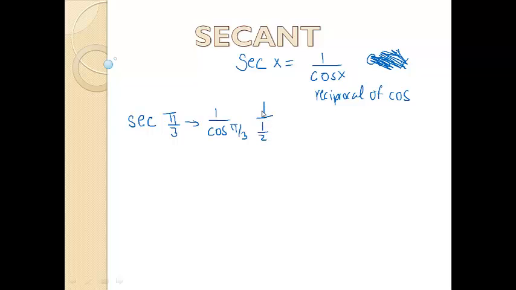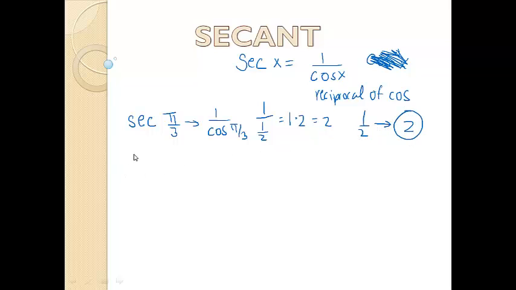There's a couple ways that I could do this. I could do 1 divided by 1/2, which would be the same thing as 1 multiplied by 2, which is 2. That's kind of the long way of doing it. The other way that I think is a little bit easier is to think of the secant as being the reciprocal of cosine. The cosine was 1/2, so the reciprocal of 1/2 is 2. So the secant of pi over 3 is 2.